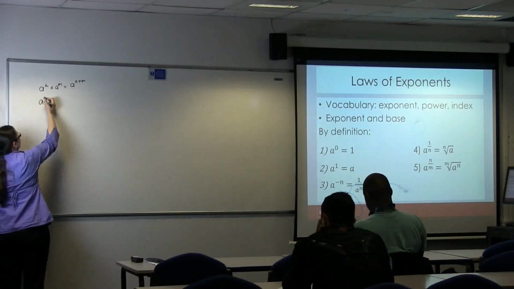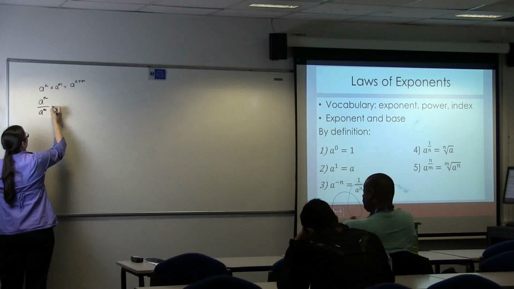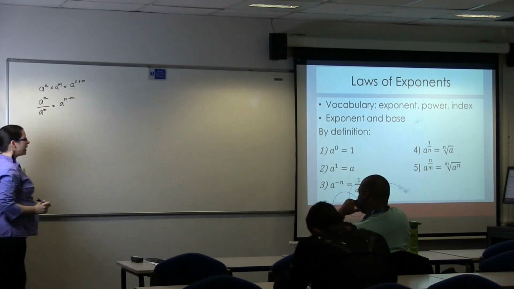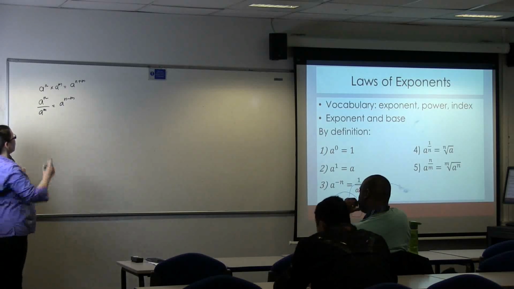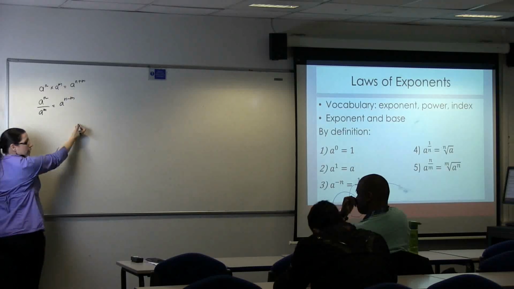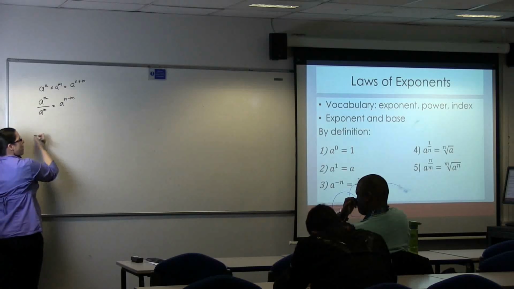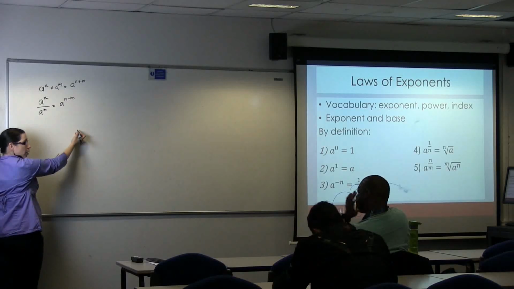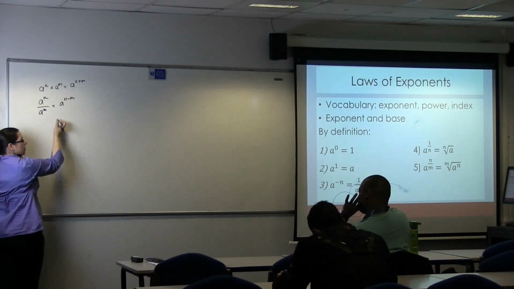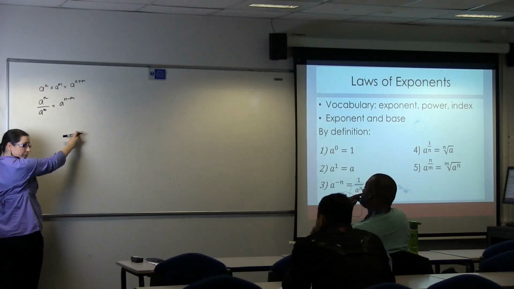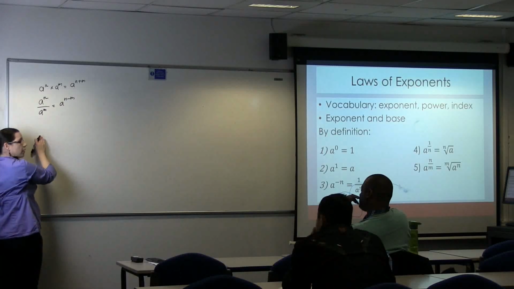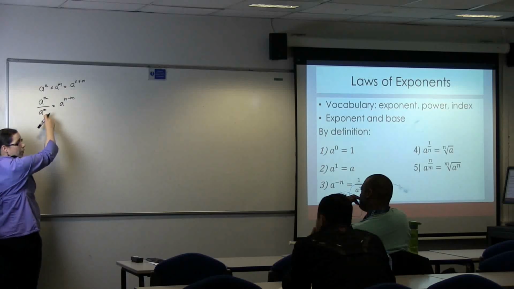Now, the other one, which I just drew, is the difference. Now, why is that? Because what I've got here is n number of a's at the top and m number of a's at the bottom. So from the top, I can cancel down all of the m's. So one by one, I'm taking them away. So altogether, I've taken m number of them away.